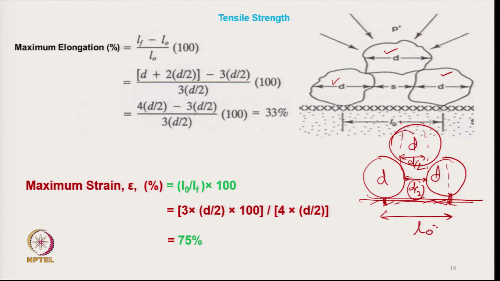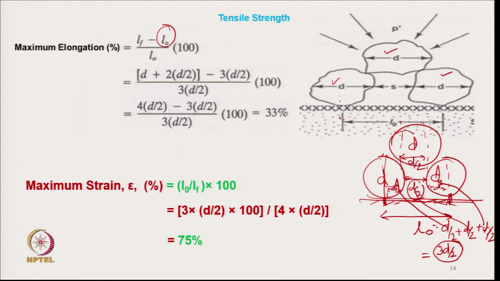Here it is D by 2, here D by 2, and here D by 2. So, we get 3D by 2 as the initial length of grip. So, this is the initial length L0.